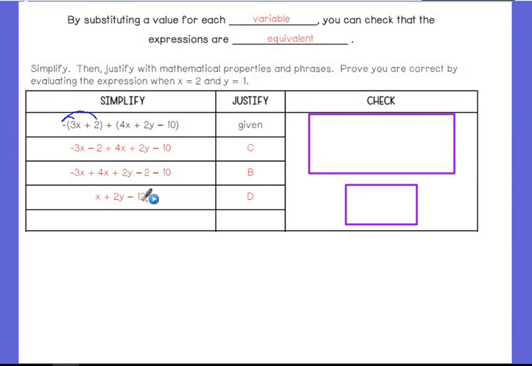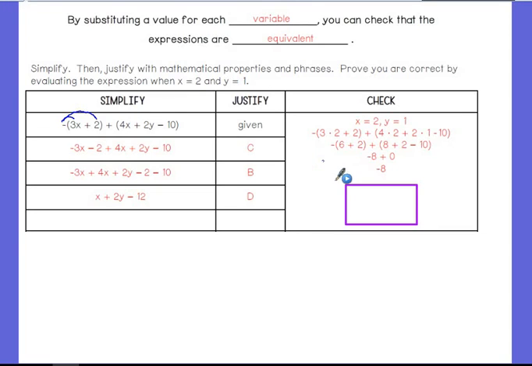And if I do the same for my simplified answer, and I get the same answer from the problem and my simplified answer, then I've done something right. So I'm going to go through and plug in a 2 for x. That does not make this a 32, it makes it a 3 times 2. It does not make this a 42, it makes it a 4 times 2. So I'm going to plug in all my work.